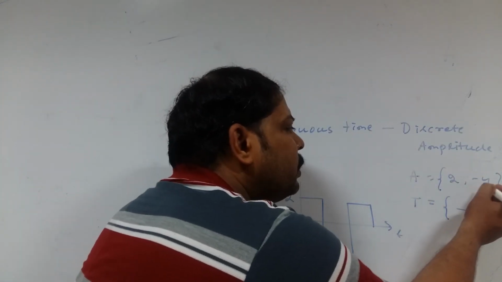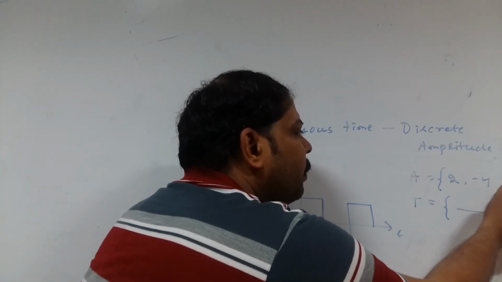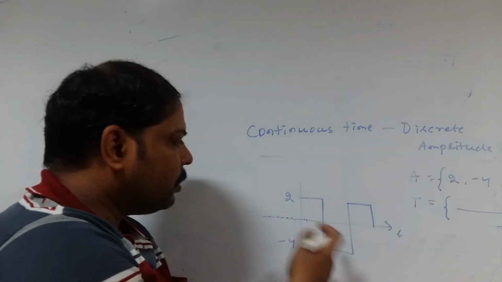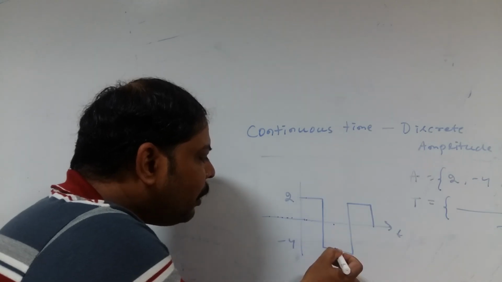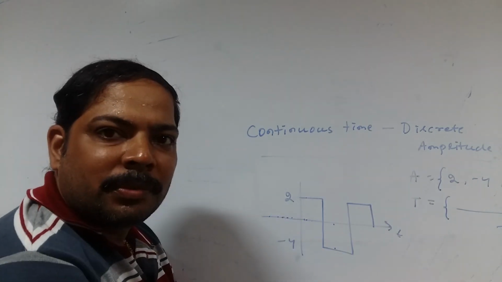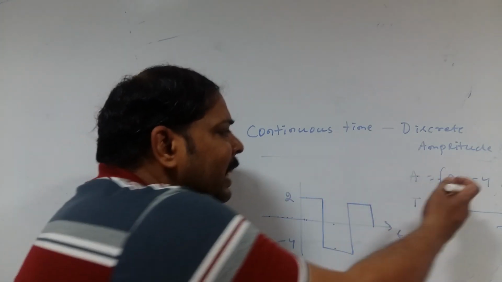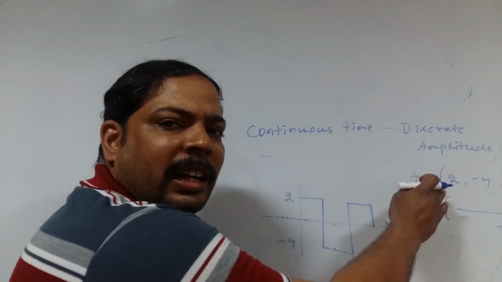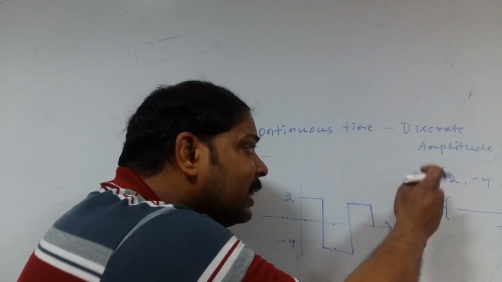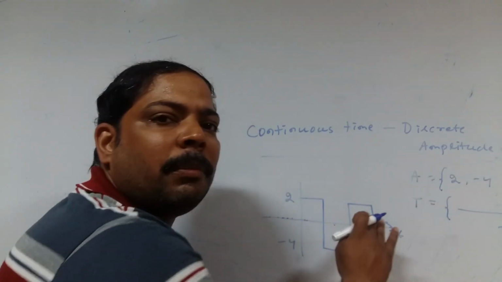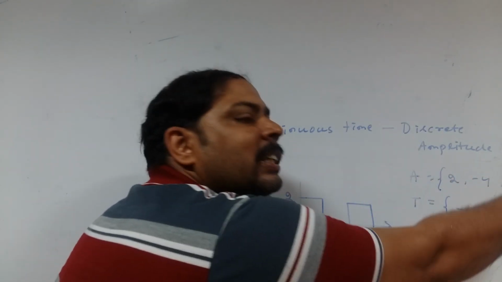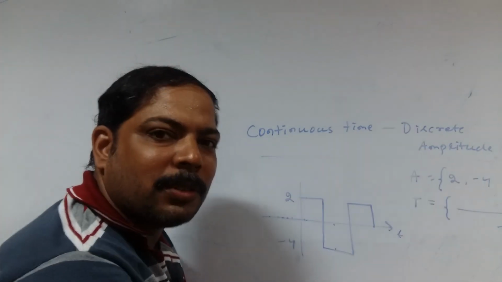Also you can add another value 0. So 3 values: 2, 0, minus 4. Here this time value 2, this time value minus 4, this time value 0. So only discrete amplitudes are there within the set, and for every time the signal contains only these three amplitude values.